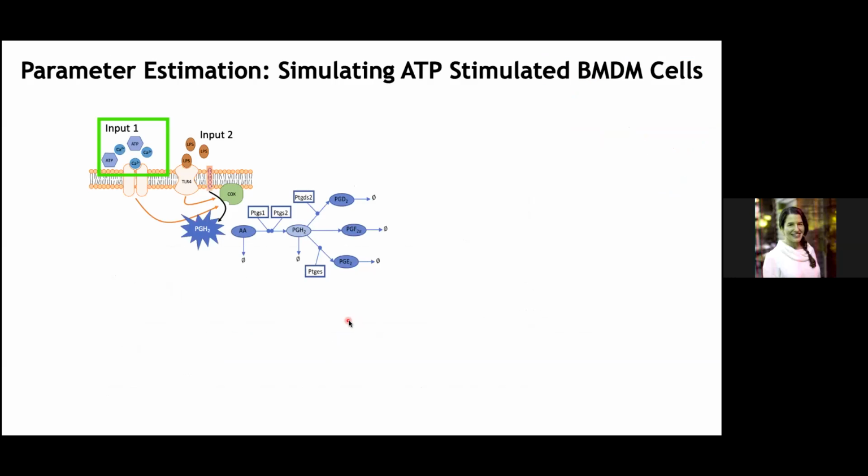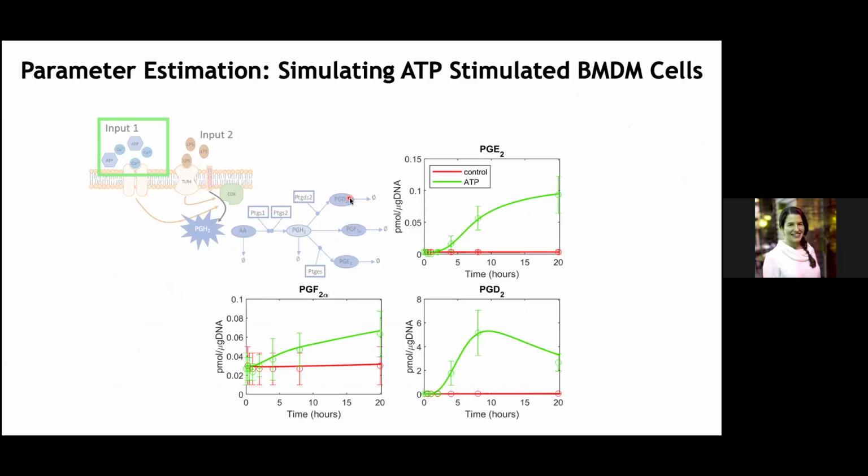Regulation of arachidonic acid is pretty complex, and since we don't have data on the upper part of this network, we simply used arachidonic acid as the initial input to the model and only simulated downstream products. You can see here the mean experimental data, shown in circles with their associated standard error of the mean, plotted from the three replicate experiments for the ATP stimulated case, which is shown in green, and the control case, which is shown in red.